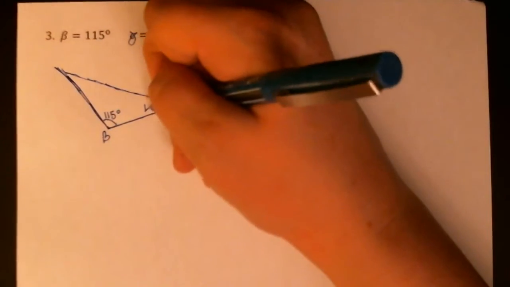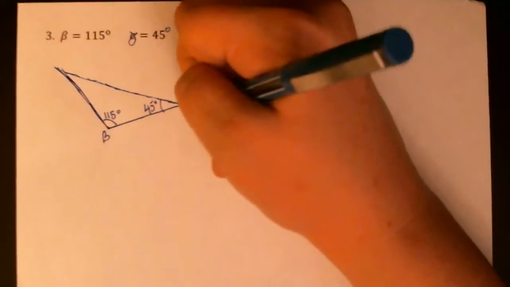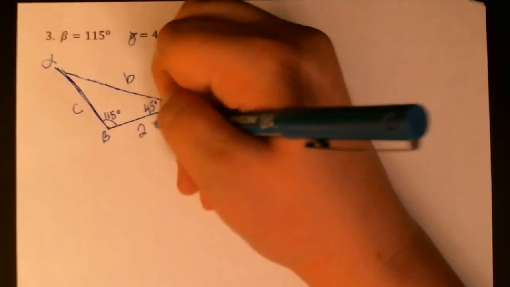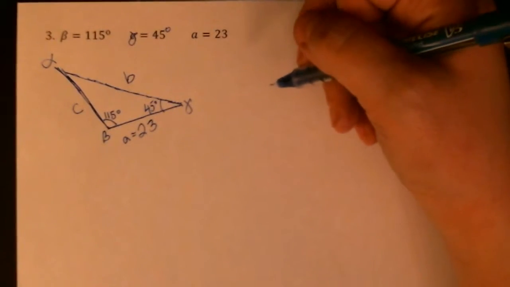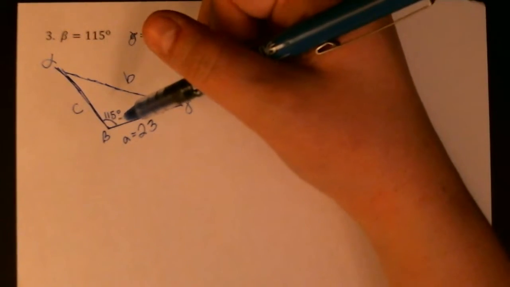Okay, 45, and that is gamma. So over here is alpha. This has to be side B, this has to be side C, and then we know that side A is 23.